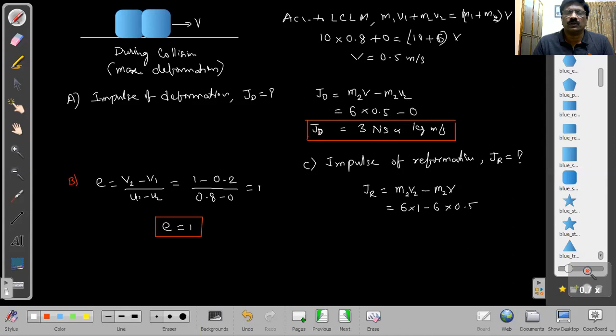So this is equal to 6 minus 3, that is equal to 3. Therefore impulse of reformation is equal to 3 Newton second, or kilogram meter per second we can write. So this is the impulse of reformation.